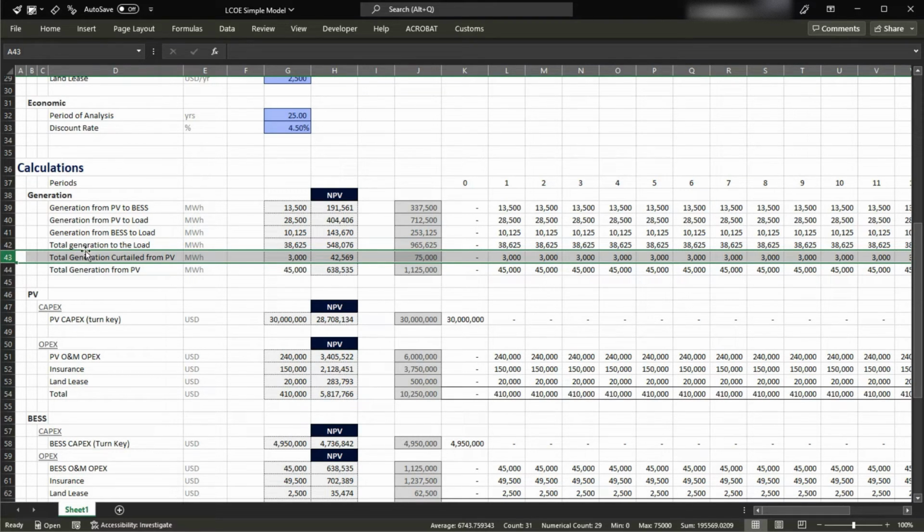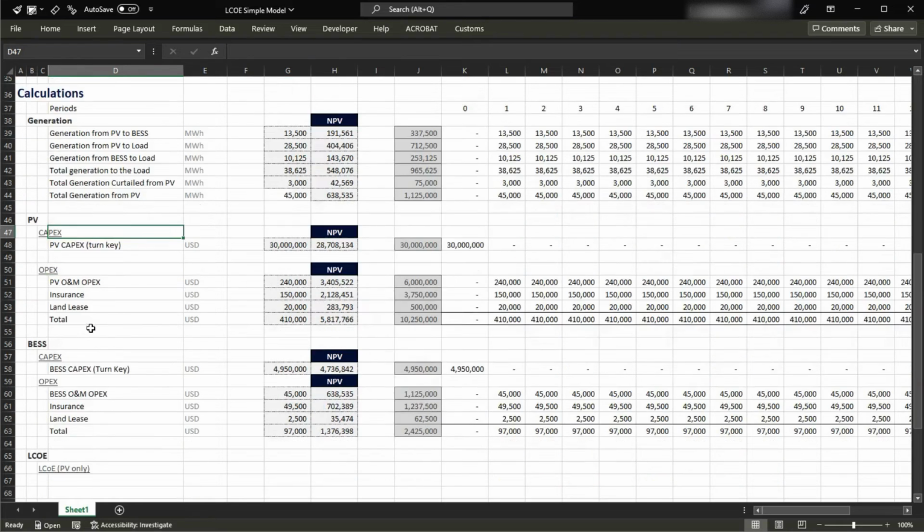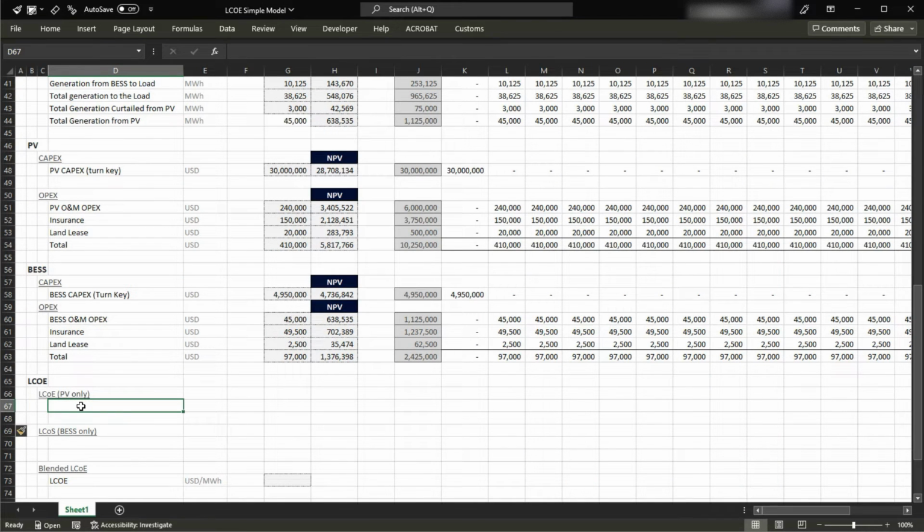So we're going to have a cost of electricity from the PV if you account for this curtailment, and another one if you don't, which is going to be higher. It's important to understand the difference, because the more you curtail, the more expensive your cost of electricity from the PV will be. So we're going to calculate both LCoEs.